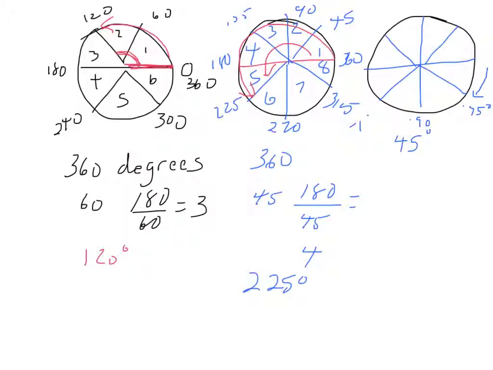Next one is negative 135, negative 180, negative 225, negative 270, negative 315, and negative 360. So the parts stay the same, it's just that you're going in the opposite direction.